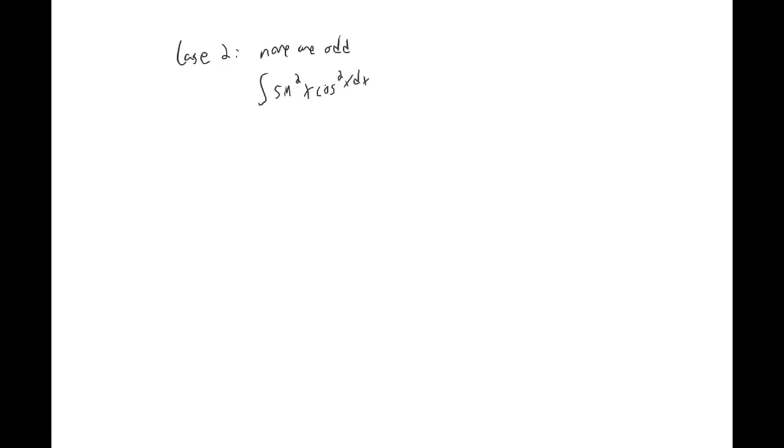Can anyone tell me what goes wrong? Why can't we use the previous method, just let u be sine or let u be cosine? Why is it a problem that everything's even?